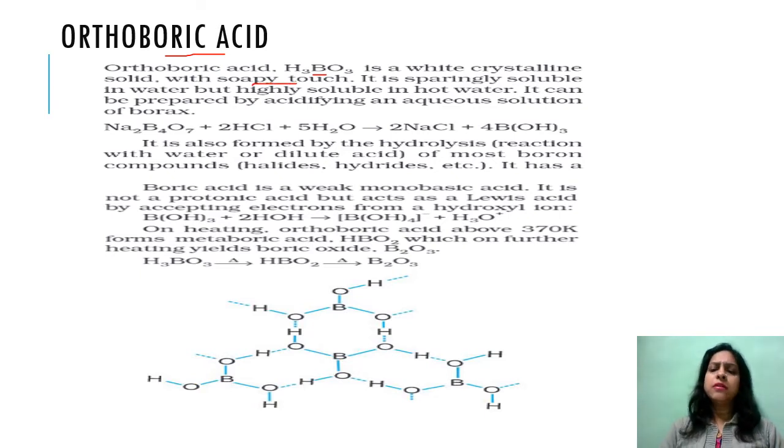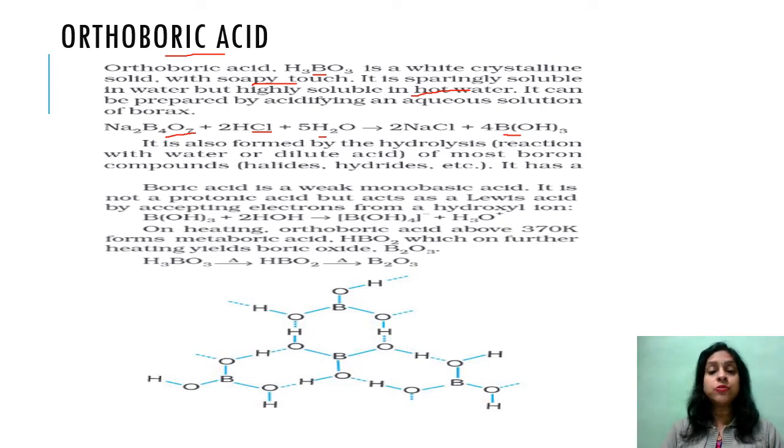It is sparingly soluble in water, but it is highly soluble in hot water, and its preparation is by acidifying an aqueous solution of borax. ठीक है, HCl मिला दिया और water मिला दिया उसमें, then we obtain orthoboric acid, B(OH)3, and it can also be prepared by the hydrolysis of boron halides, boron hydrides, etc. ठीक है बेटे, इन सबसे हो सकता है ये.